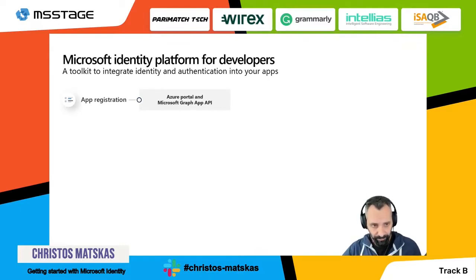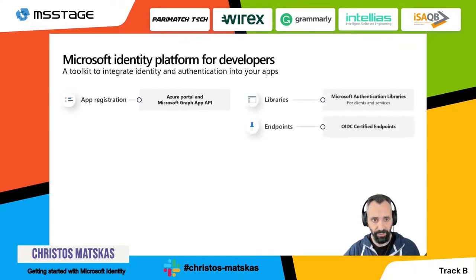And next, you want to think about the authentication, right? So implementing the authentication, and that can happen in a few ways. One is we provide you with the MSAL library, the Microsoft Authentication Library, out of the box. So if you're developing in Node, Java, .NET, doesn't really matter, we'll provide you with the right library. And that is for client services.